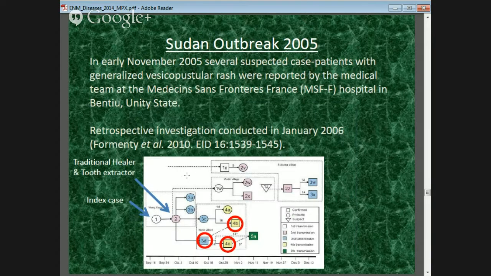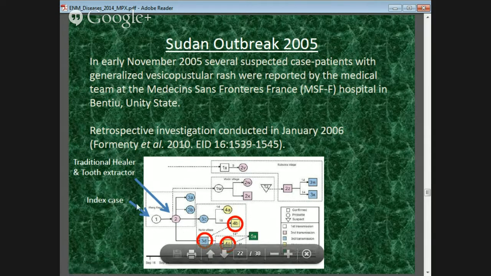A retrospective investigation showed that there were several suspected cases. Not many of them were confirmed. The two cases that we're talking about are right here, the little baby and mom, and there was another confirmed case that was probably a horizontal transmission too.